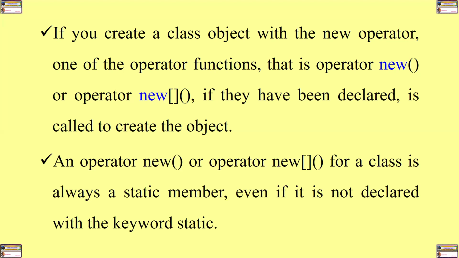An operator new, that is to declare or set a memory location for a single variable, or operator new that is meant to create an array structure for a class, is always a static member, even if it is not declared with the keyword static.